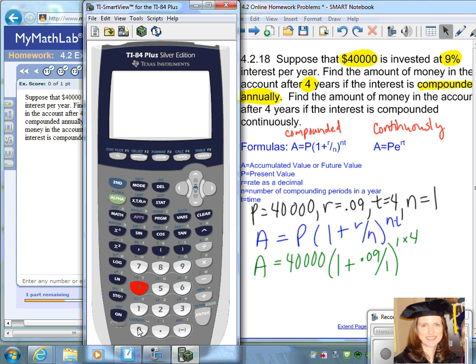We're going to take $40,000 in parentheses 1 plus 0.09 divided by 1, close the parentheses, then you're going to raise this. So now you like to put this next part in parentheses, 1 times 4 exponent.